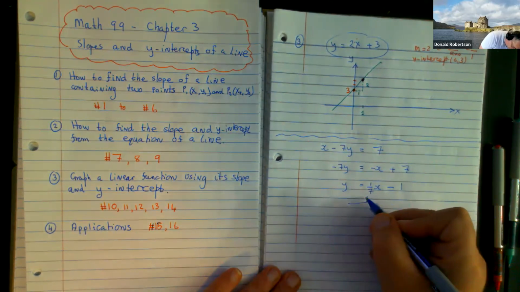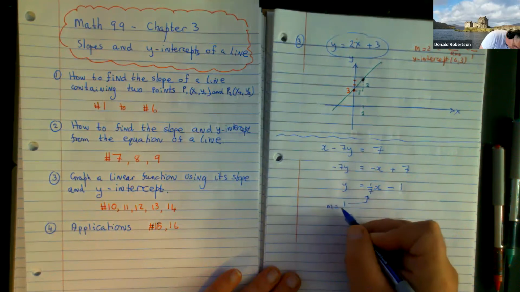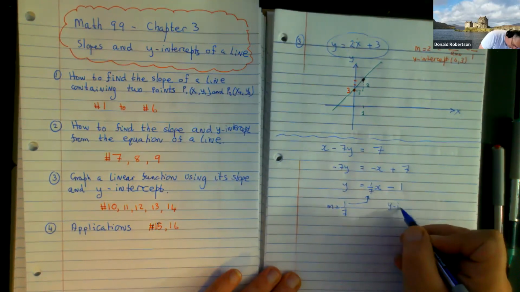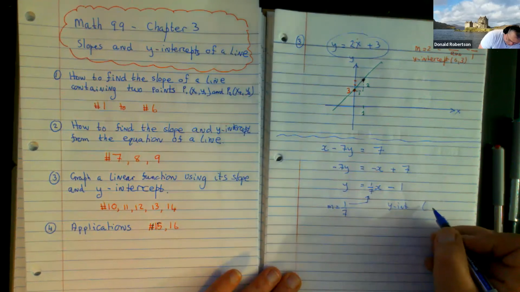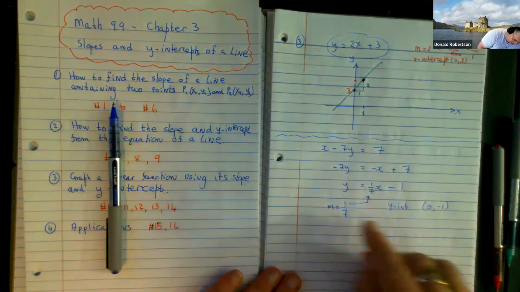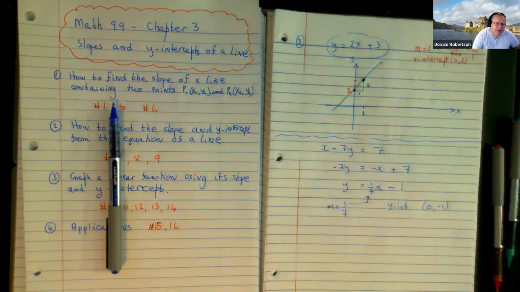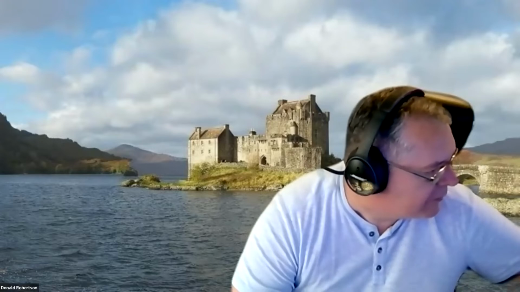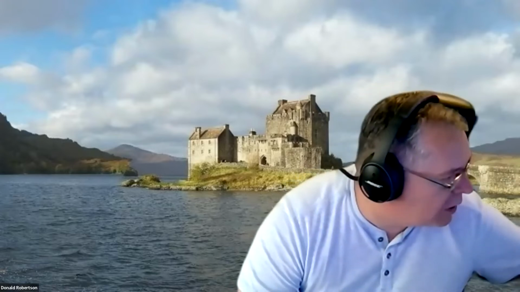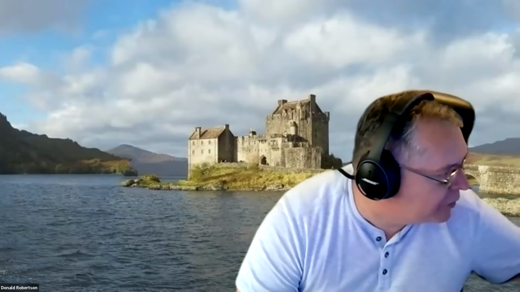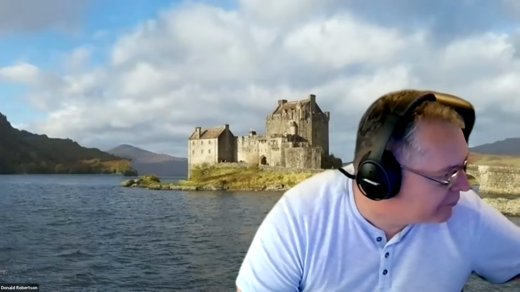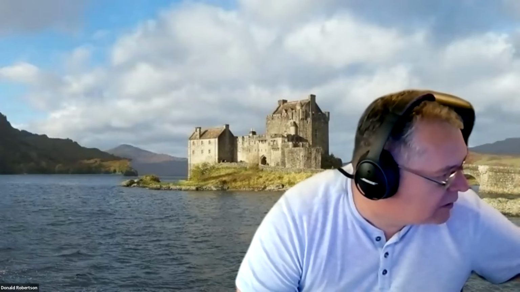So can you see that we now have a slope of 1/7 and a y-intercept with coordinates (0, -1). And this is what's going to help me sketch my function. So I'm now going to return to the graph that we had, and I'm going to put in its y-intercept, right here.